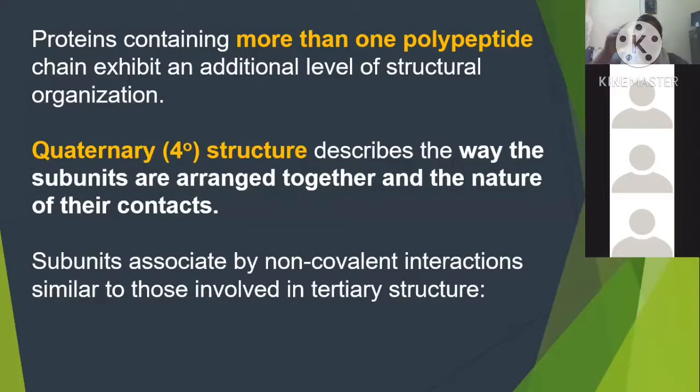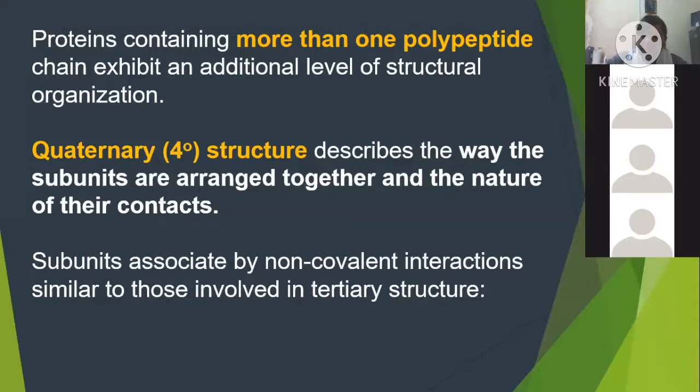Each chain, how it links with the other polypeptide chains, that is the quaternary structure. So let's see again: quaternary structure describes the way in which the subunits are arranged together and the nature of their contacts. I hope it is clear.